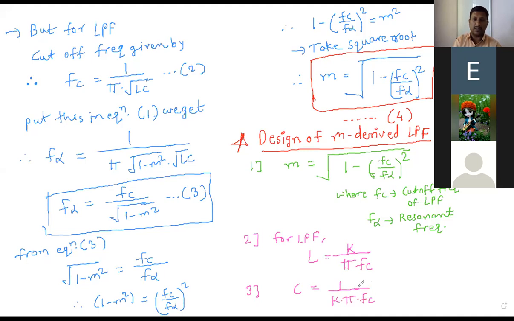The formula is the same for the low pass filter, constant K type and m derived filter. Only there will be a change in the value of m. These are considered the same as those of the constant K type low pass filter. So these three formulas will be required for the design of the m derived filter.